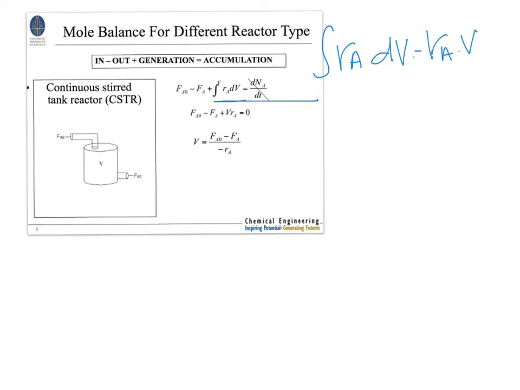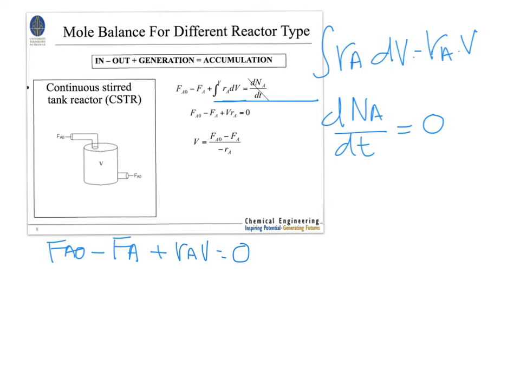And secondly, since the CSTR is operated at steady state, meaning that the conditions in the reactor don't change with time, dNA over dt, the accumulation, equals 0. So the final mole balance equation will be FA naught minus FA plus RA V equals 0.